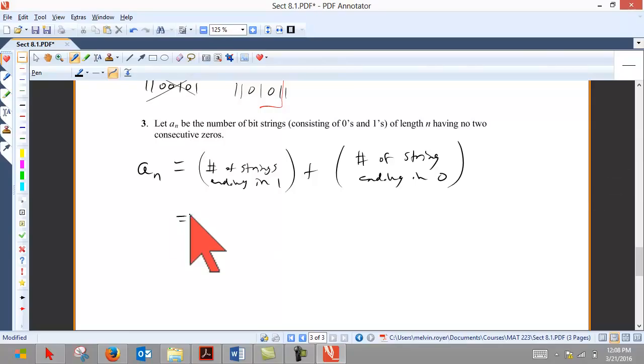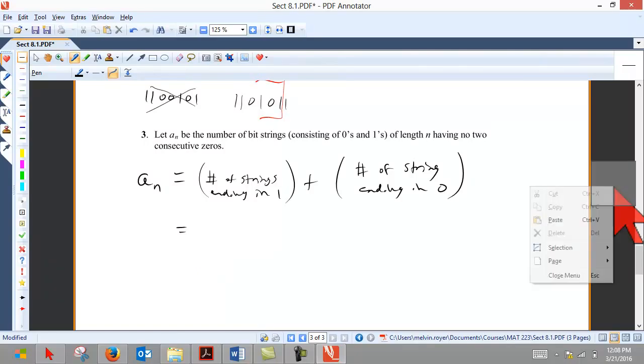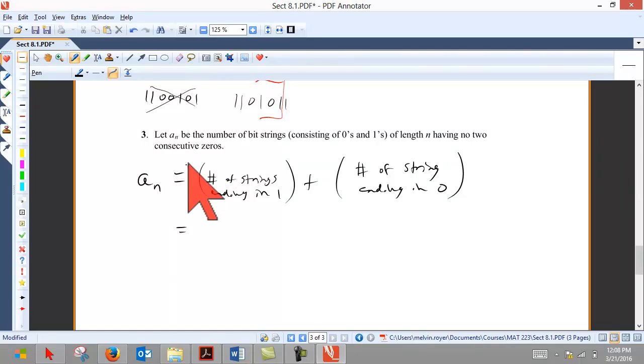Now, here I'm talking about strings of length n. So in terms of strings of length n, how many are there that end in a 1? How could I get such a string? It would be to just take a string of length n minus 1 and just slap a 1 on it. So this is a sub n minus 1, you see?